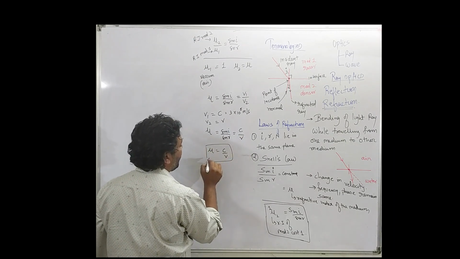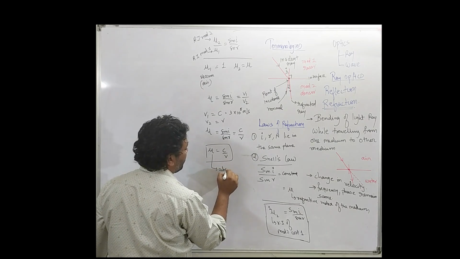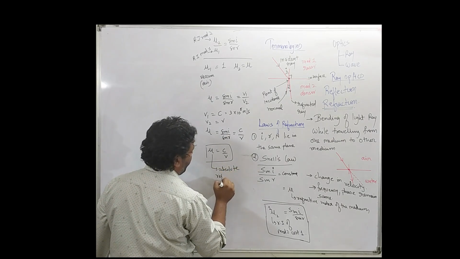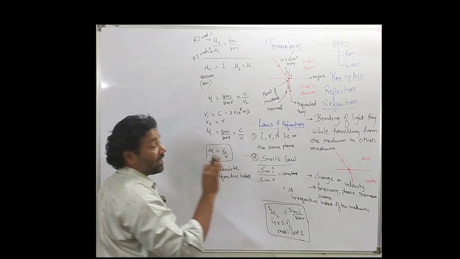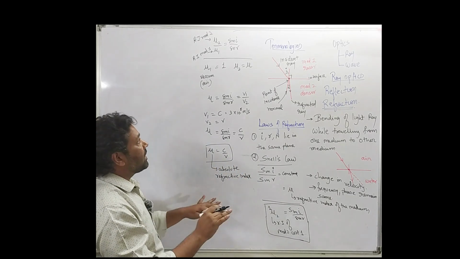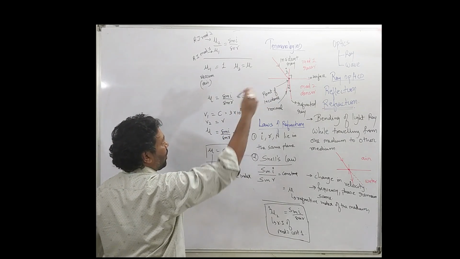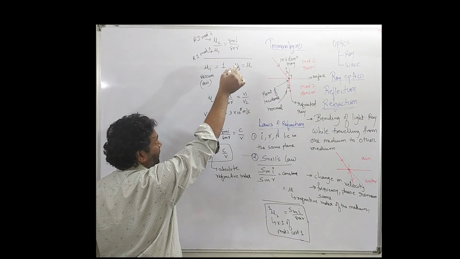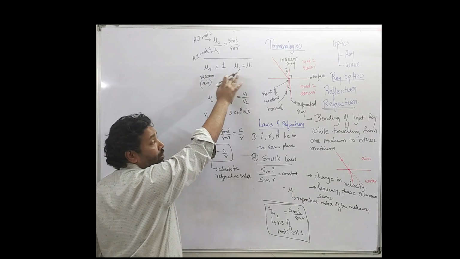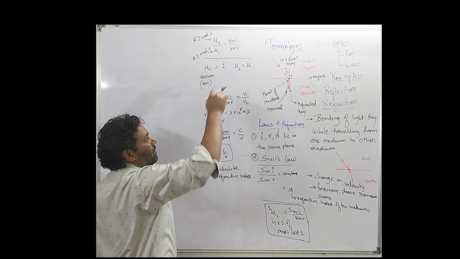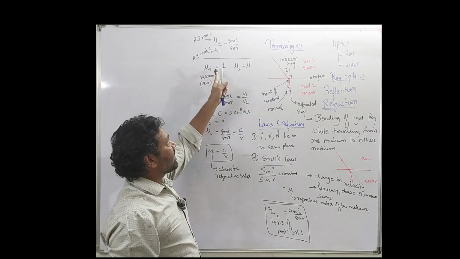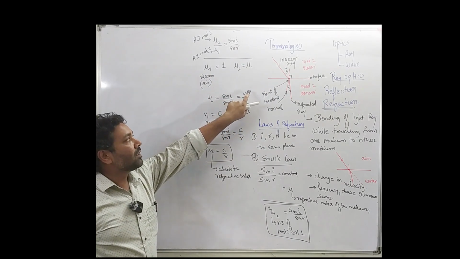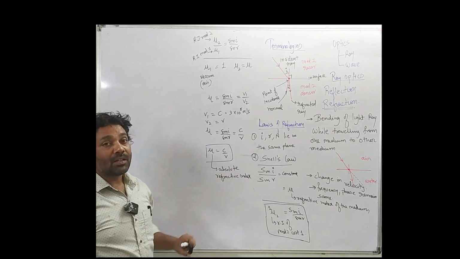This is how we get the absolute refractive index, that is, the bending capacity of that particular medium. If I want the bending capacity of medium 2, I have taken the first medium as air, and since the first medium is air, the velocity in the first medium will be c.